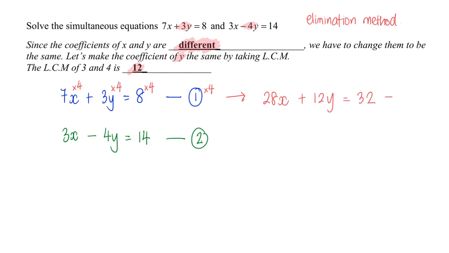And this will be my equation 3. I will do the following for my equation 2. Multiply by 3 throughout. That means my equation 2 multiplied by 3 gives me 9x minus 12y equals 42. Equation 4.